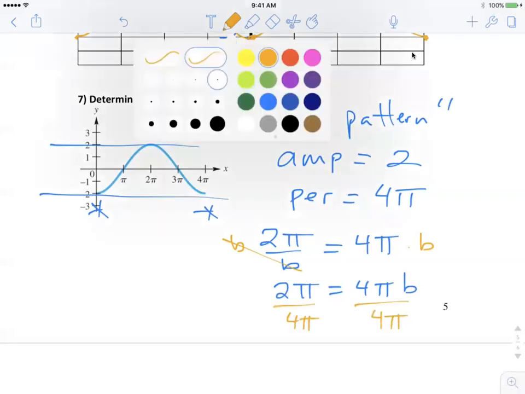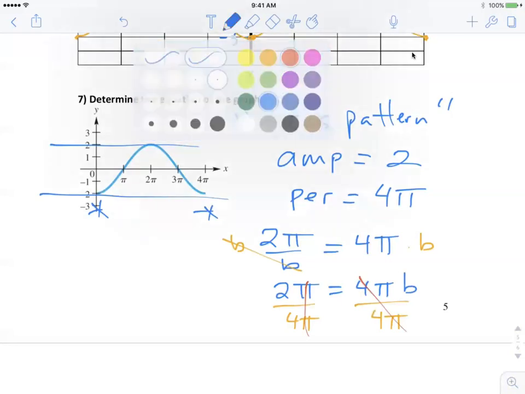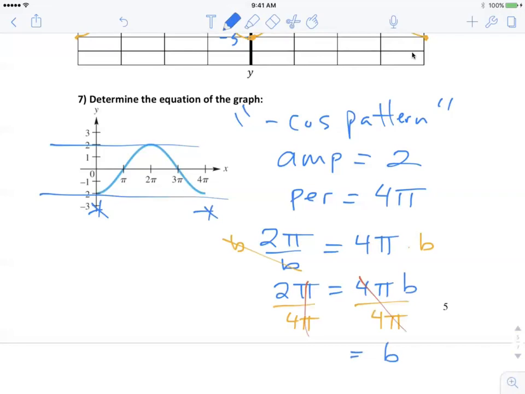And then that cancels, that cancels. And so I'm left with b on this side. And over here, 2/4, which is 1/2. So your b is equal to 1/2. Okay. So put it all together now. I know my equation is going to be negative cosine pattern, right?